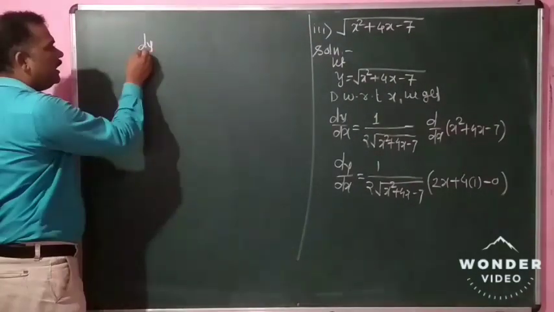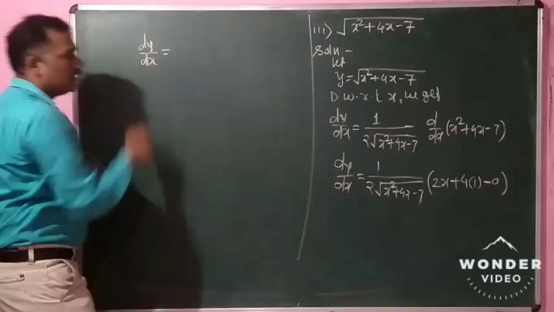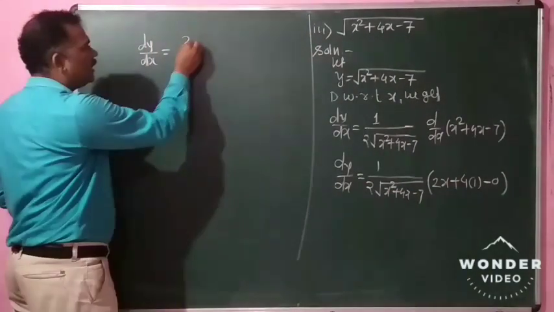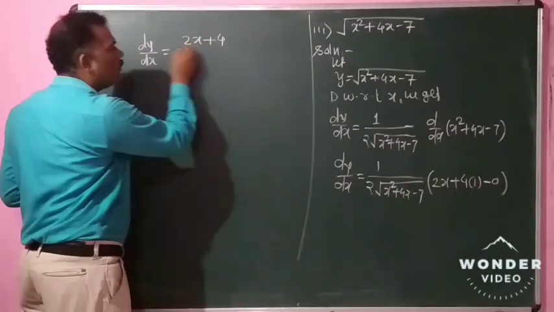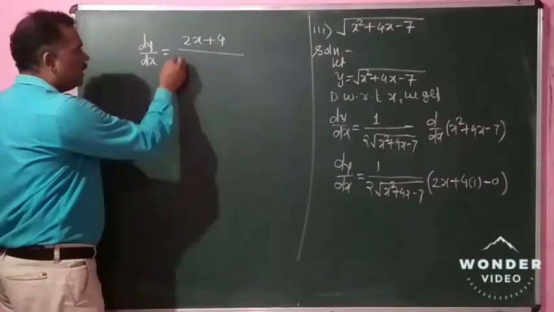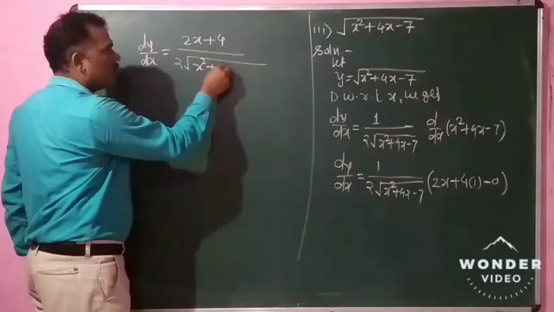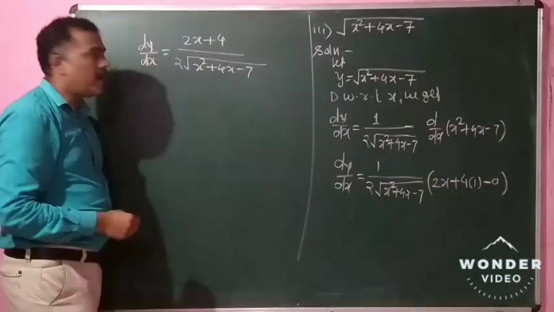dy by dx is equal to, see here, 2x plus 4. We can write in the numerator 2x plus 4 divided by 2 times square root of x square plus 4x minus 7.